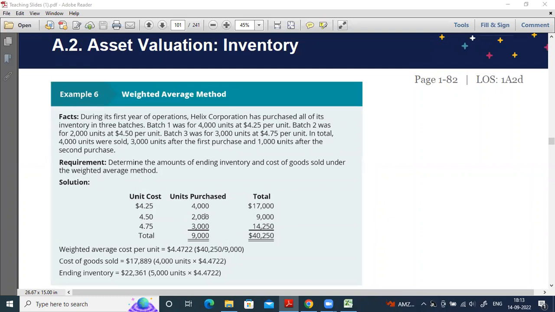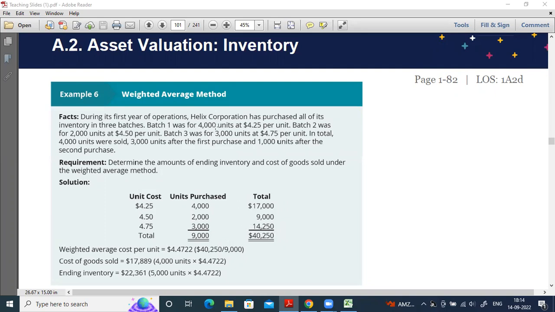So 4.50 into 2000, you get the total amount as 9,000. And again, in the third batch, we purchased 3000 units at the rate of 4.75. So the total amount comes to 14,250. So the total cost incurred by this company to purchase these 3 batches of inventory is 40,250.